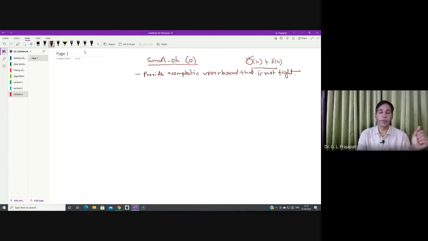In the case of big O notation, we have seen that it may denote an asymptotically tight bound, or the bound may not be tight. So asymptotic notation big O denotes the upper bound of any algorithm.